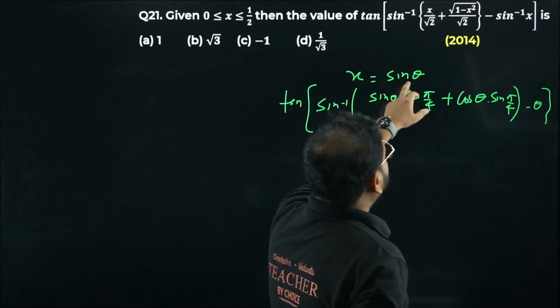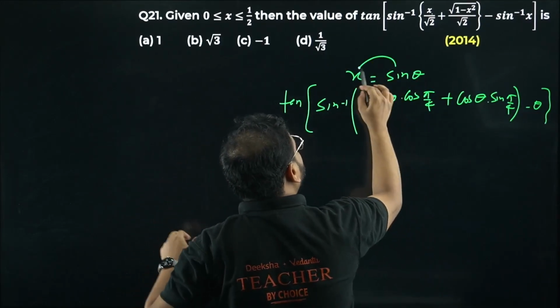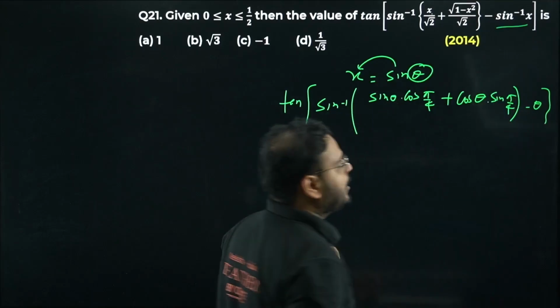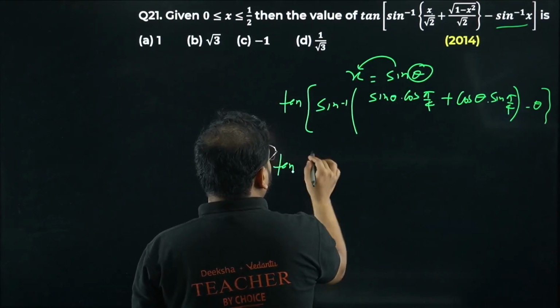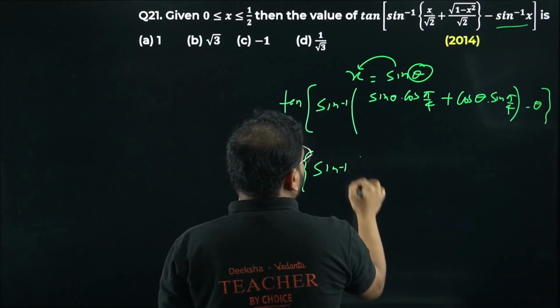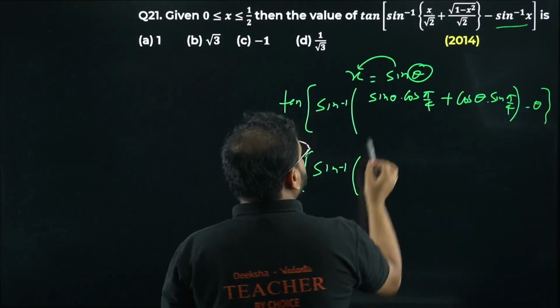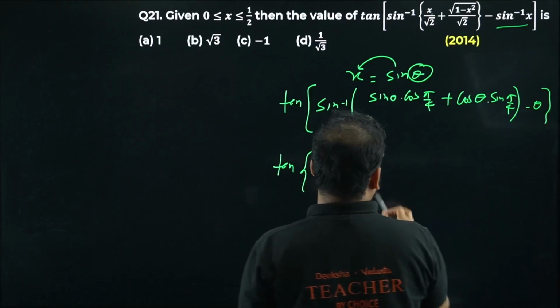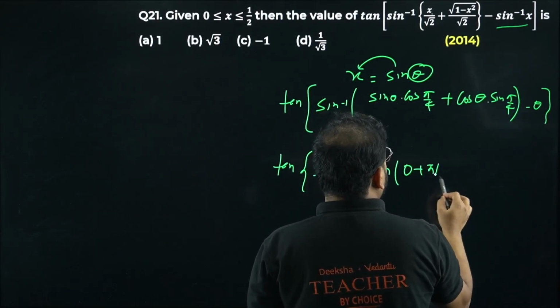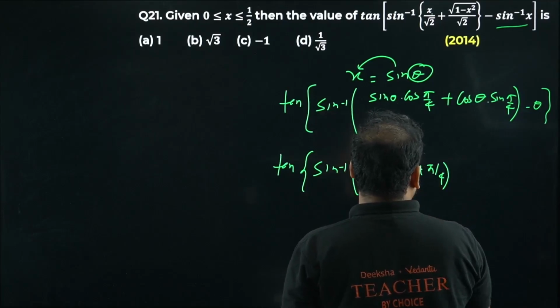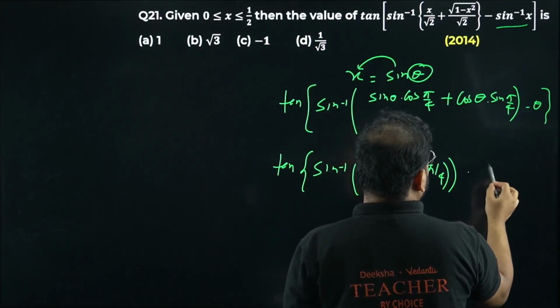You have x as sin theta, which means sin inverse of x will become theta. Now if you look at this carefully, tan sin inverse is there. Now sin A cos B plus cos A sin B means sin of A plus B, and then you have minus theta outside.